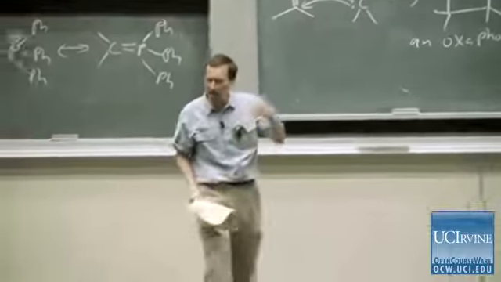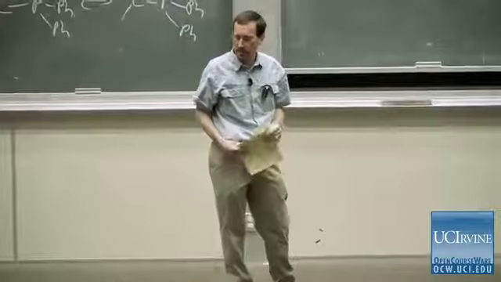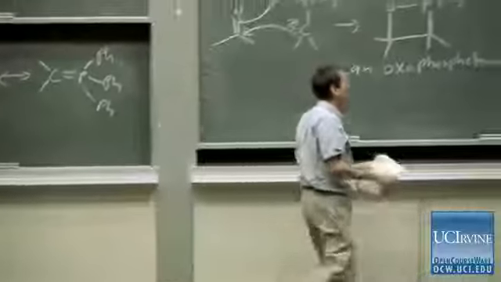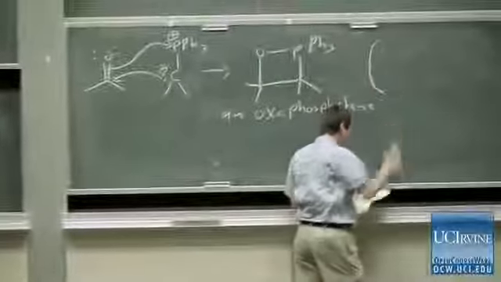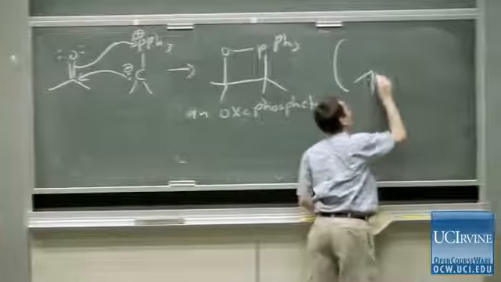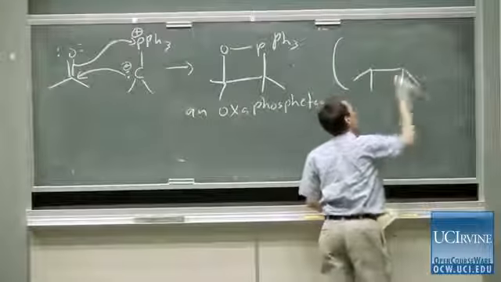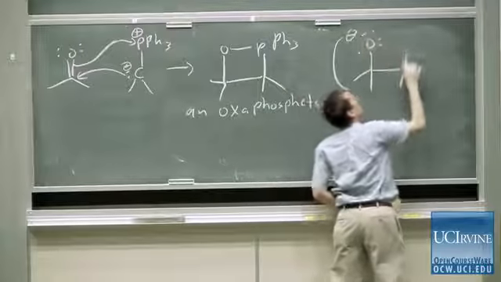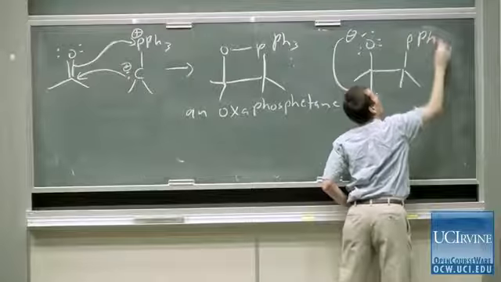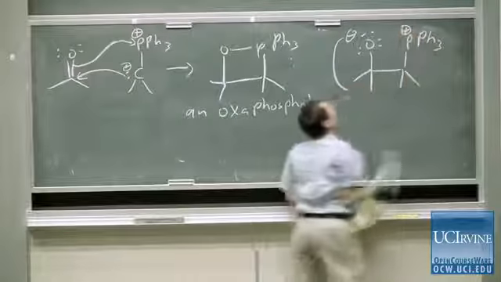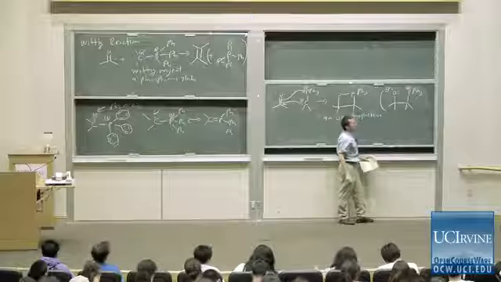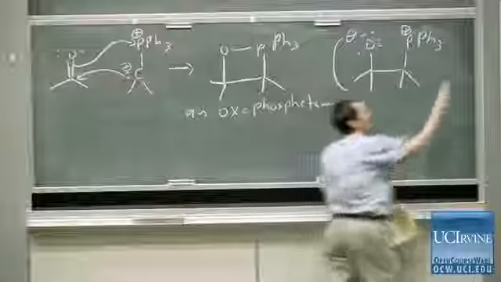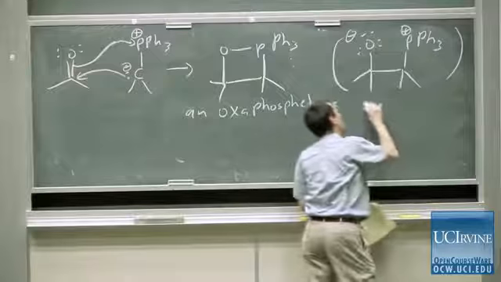And consensus from experiment and calculation seems to be coming down toward the concerted mechanism. But in some textbooks and in some places, you will see an intermediate written out where we still have charges separated. In other words, where one bond has formed before the other. This intermediate is called a betaine.